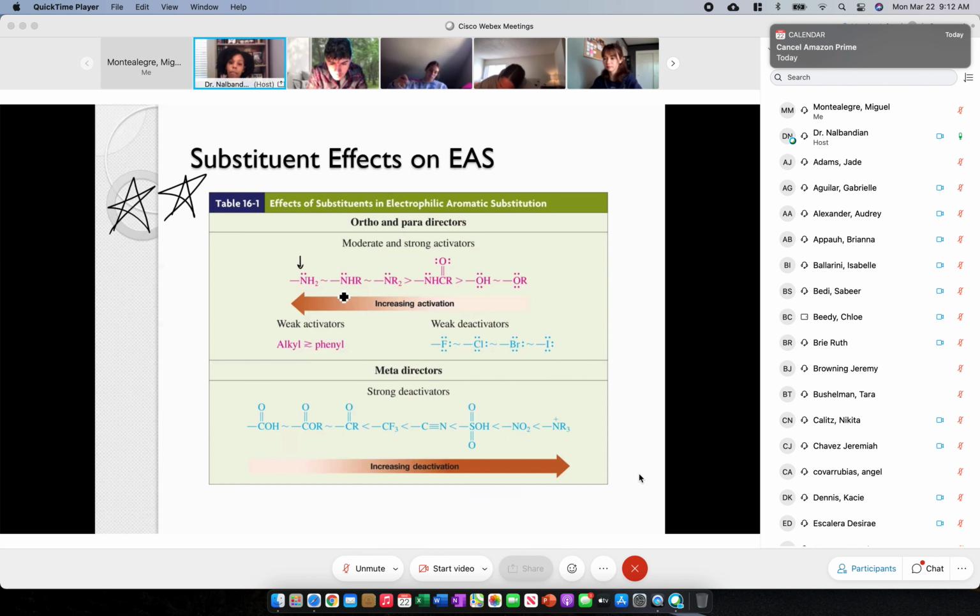We can kind of temper that so it's less activated with adding in these groups on the nitrogen. And then we have our phenol and our alkoxy groups, so the ether, they are less activated than the nitrogens. We have our moderate and strong activators here. Then our weak activators are any alkyl or phenyl. What's phenyl? Benzene ring, right?